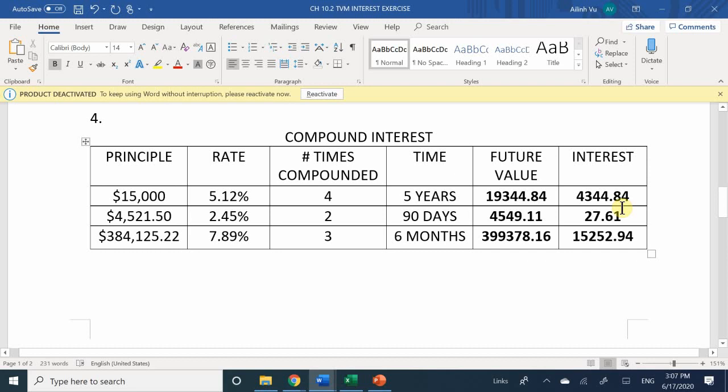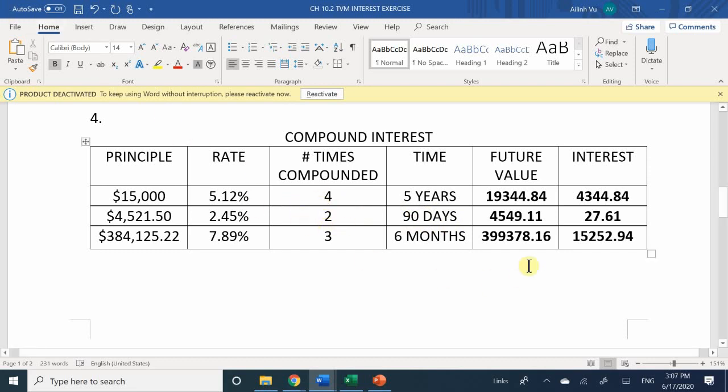So it really depends on what you're looking for. The main key factor is, what is your interest rate, okay? And how long are you actually going to be dealing with this interest rate? Again, this is only for a short period, and this was compounded twice.